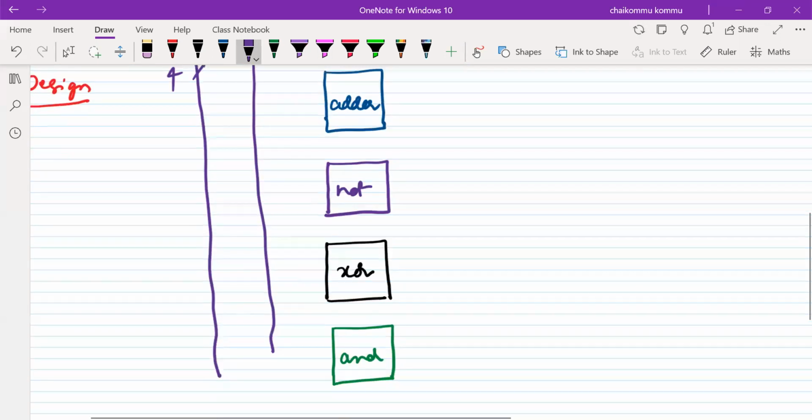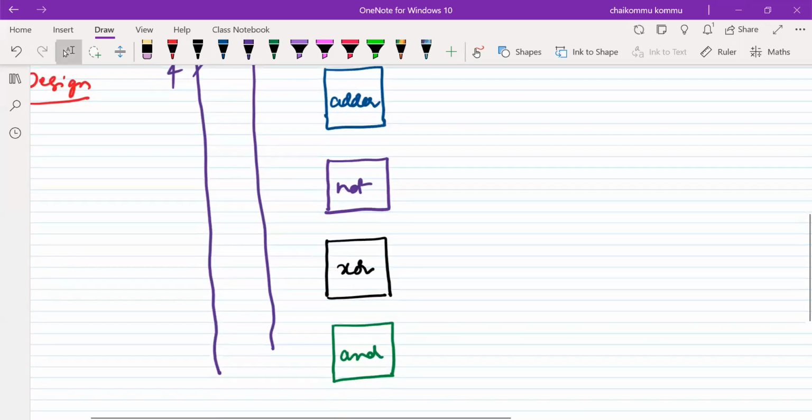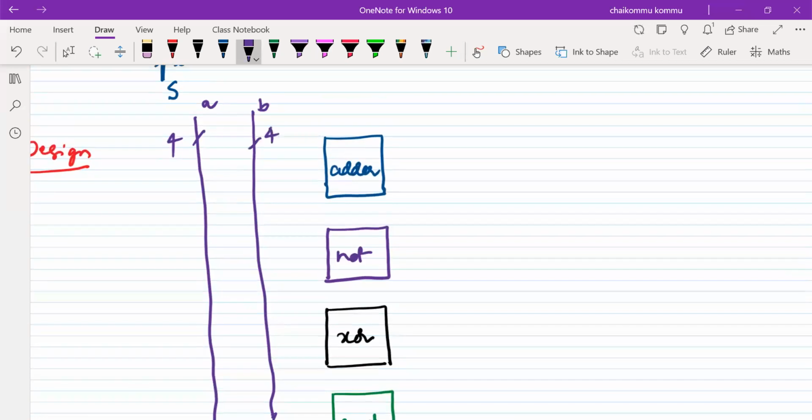This is called B, of a 4-bit size, right? For the adder, we know that A and B are required. A information, B information is required. It will produce a 4-bit sum signal, and it also produces C out. It requires the C in signal as well.